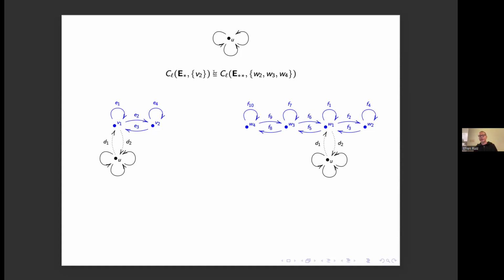So sorry, are the D1 and D2 in the second graph the same elements as those in the first? Yeah, the D's there, are they D primes or are they the same D's? They're the same V's. Okay. Yeah, so these are the same V's from these ones, and these are the same W's for that one.